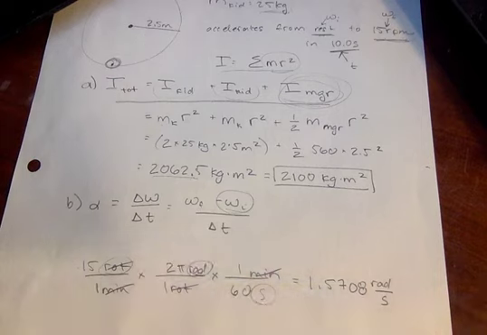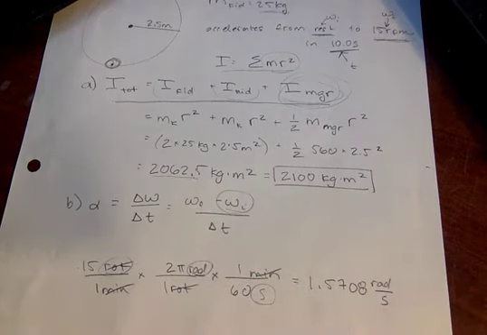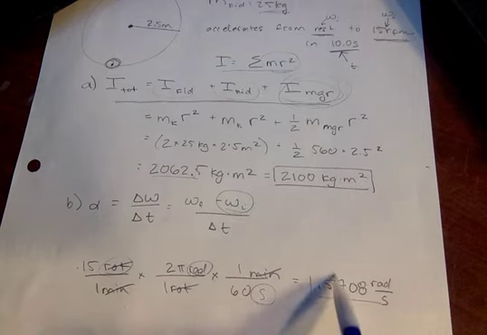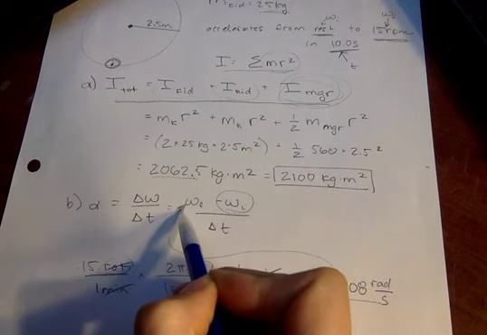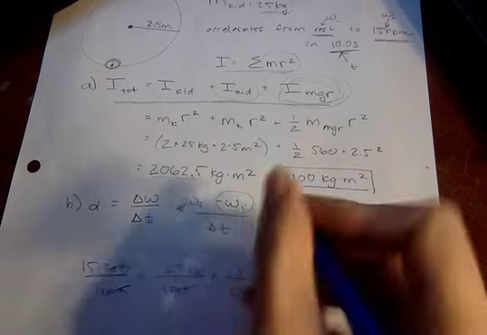Okay, and I have 1.5708 radians per second.